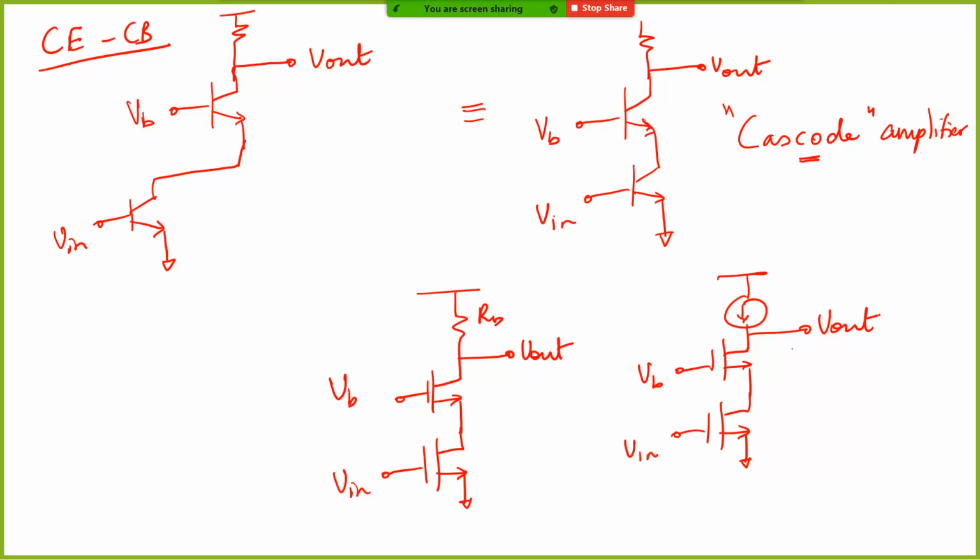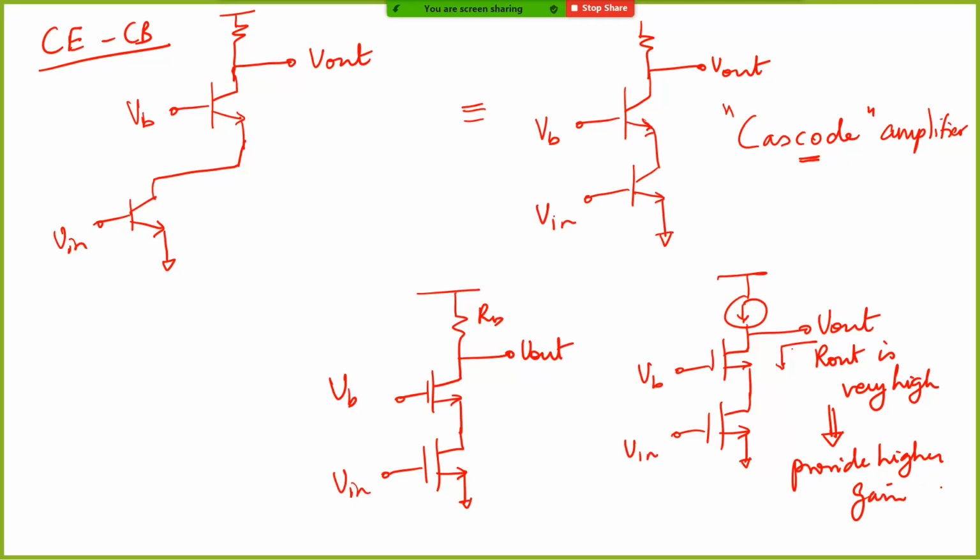Of course, we will go deeper into it in the analog VLSI course, which I offer as an elective. So I'll just give you qualitatively: the output impedance seen looking down, R out, is very high, and therefore this is used to provide higher gain.